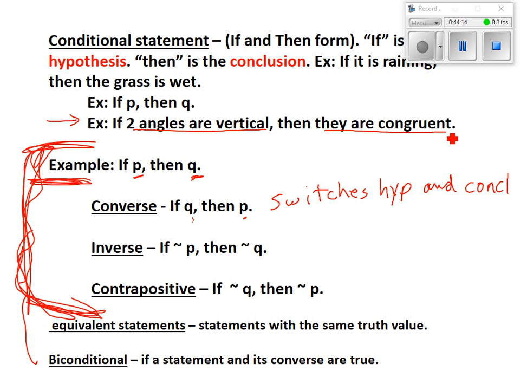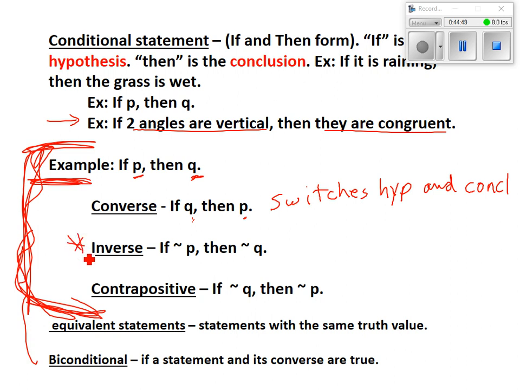Now that's not very good grammar because what should come in the first part of the statement? Should a pronoun come first? No, the actual noun should come. So maybe a better way to write that would be: if two angles are congruent, then they are vertical. Your English teacher would say you can't have 'they' in that first part. In here, I really don't care. So all it does is switch them around.